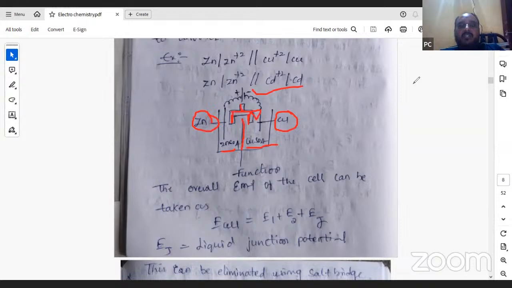Whenever this experimental setup is done, the two electrodes we are utilizing are zinc and copper, whose standard reduction potentials are known. Copper's reduction potential is more compared to zinc. Therefore, copper itself acts as the cathode.